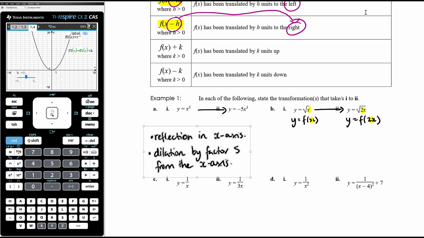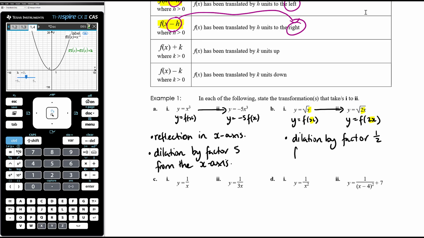If this was y equals f of x, then this is y equals negative 5 times f of x. Alright, so if we go from f of x to f of 2x, that is a dilation by factor 1/2, the reciprocal of 2, from the y-axis.